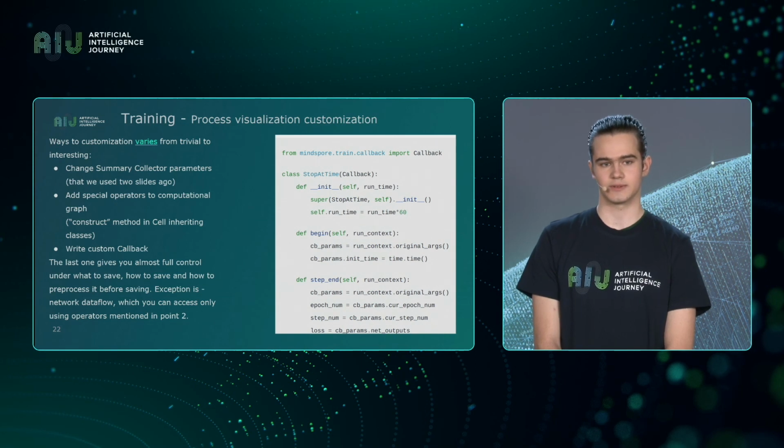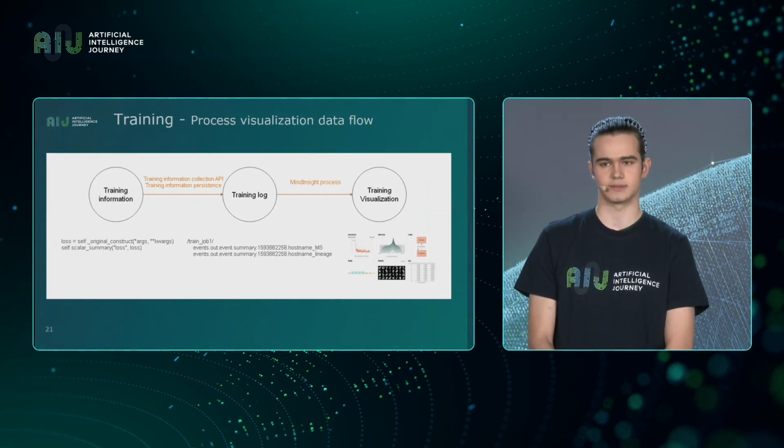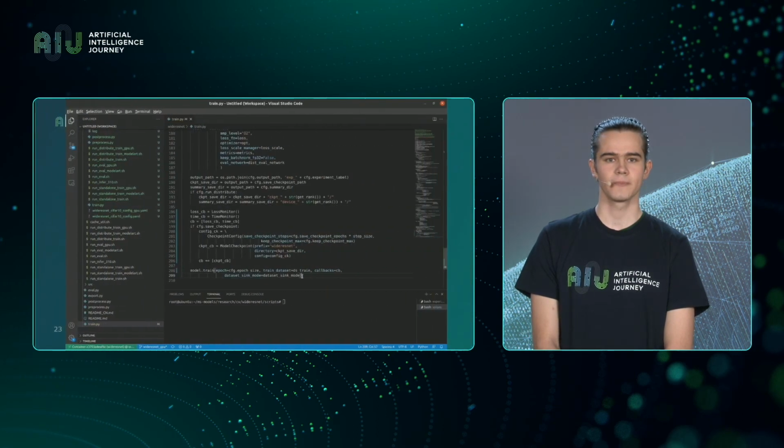Or you can write your own callback that will give you full control over what you receive, how the parameters work, how they're saved, and what the interface is going to look like. It's very easy to write this callback. It has a few features that need to be redefined, and it's going to work nice and smooth.